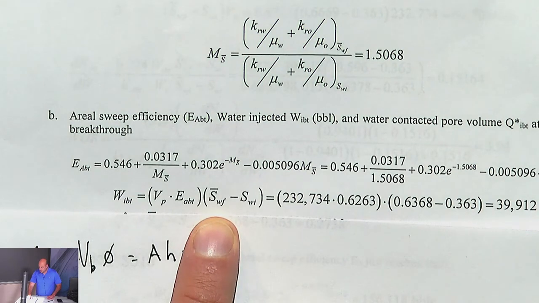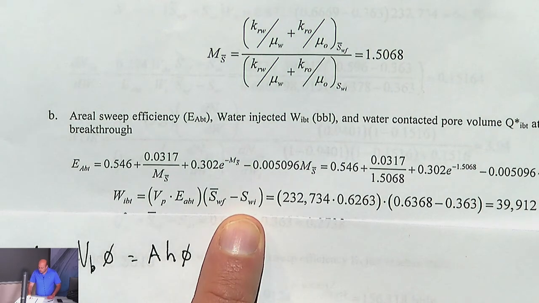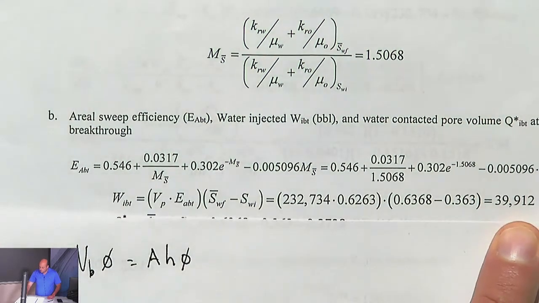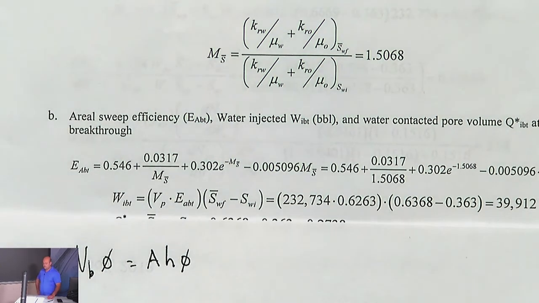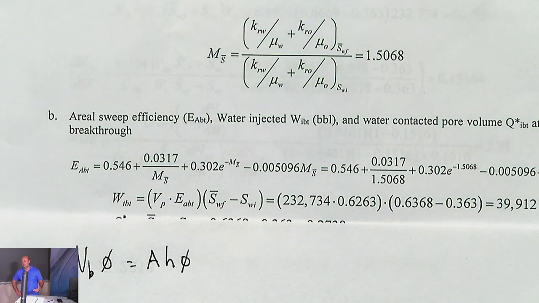In part A, we calculated SWF bar, which was about 0.6368, and SWI is given in the problem statement as 0.363. So I calculate that we've injected 93,912 barrels at breakthrough.